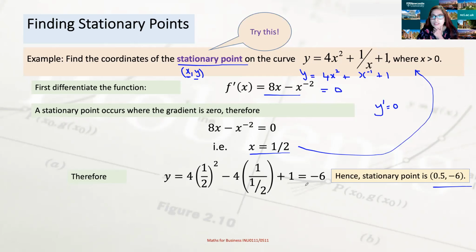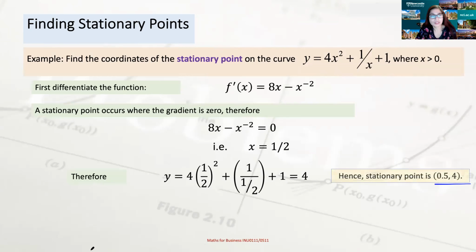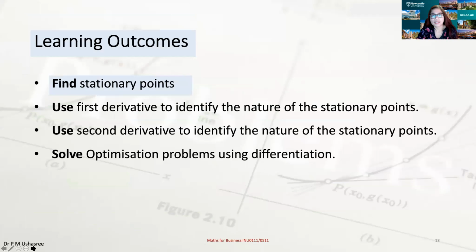Okay, this is 4, and that is 4. Sorry guys. Yeah, that's 4.